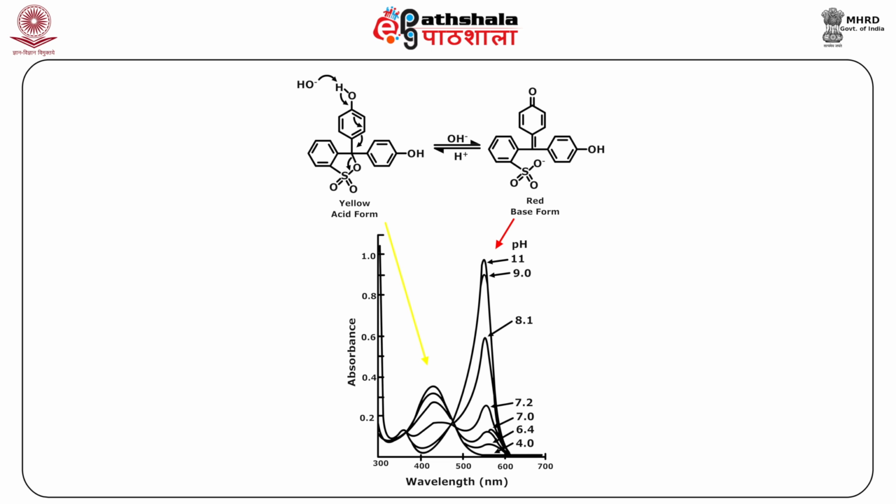Because of the resonance involved, the electronic allocation of the bonds within the molecule transforms along with the pH value of the solvent in which it is dissolved. This has been represented in figure, which specifically shows the change from yellow to red and vice versa. The absorption spectrum of the phenol red has also been demonstrated along with the various pH values.